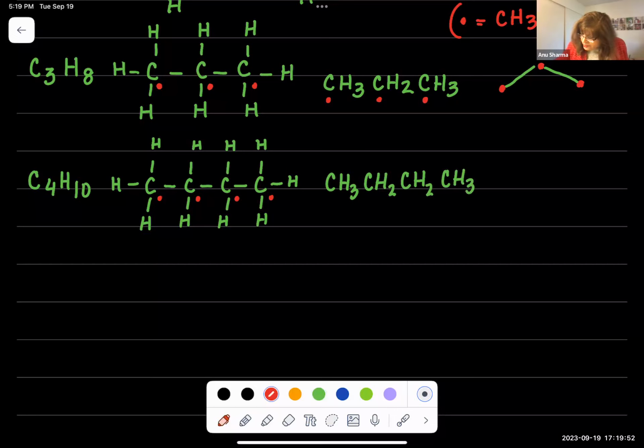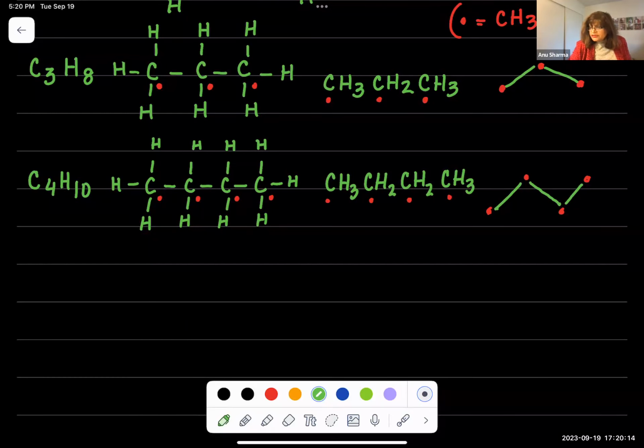So if you look at it, 1 carbon, 2nd carbon, 3rd carbon, and 4th carbon have been placed. Now, how do you show this? 1, 2, 3, 4. Connect them. 1, 2, and 3. 3 bonds.